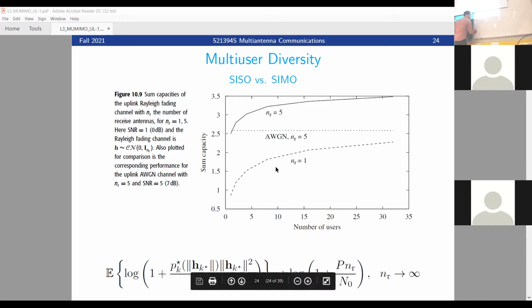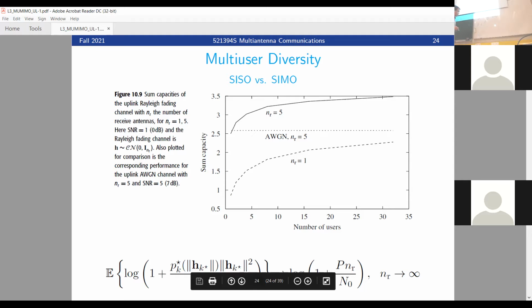Okay, let's move on. So that was the single user selection policy. What if we have multiple antennas and a scenario where K is larger than NR?